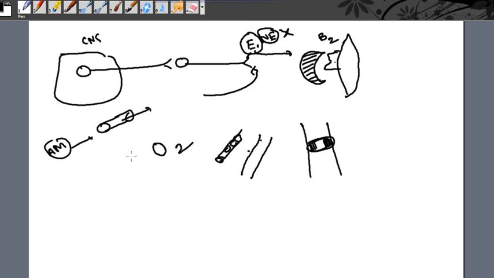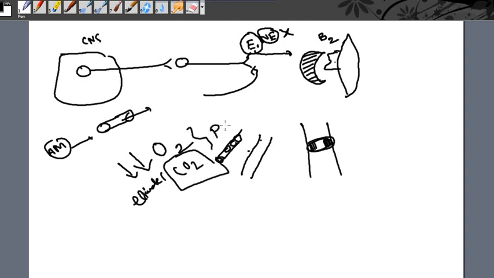You don't get oxygen, and you also cannot eliminate carbon dioxide, and this is actually a respiratory failure. Your respiratory system fails, and what happens if your respiratory system fails? You'll die.